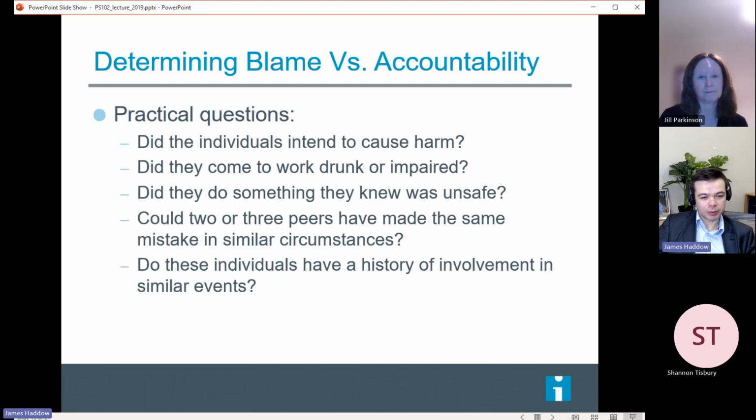Because you're dealing with human beings who want to protect their reputation. And so when it comes to trying to figure out what has gone wrong, getting to the bottom of it all, you encounter barriers such as people trying to protect their reputation.